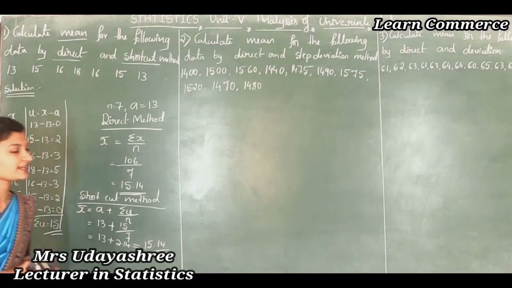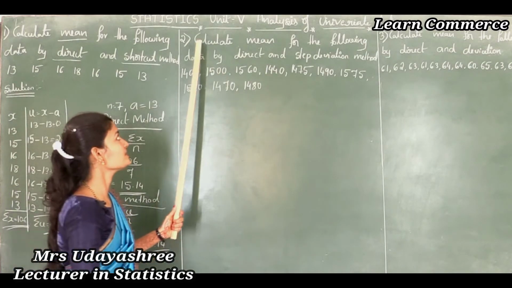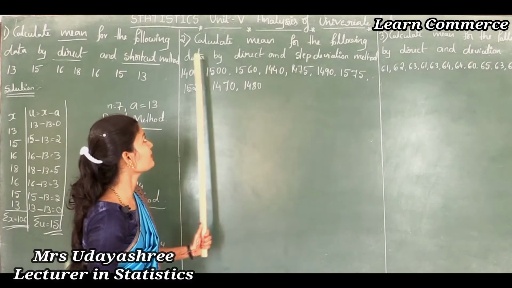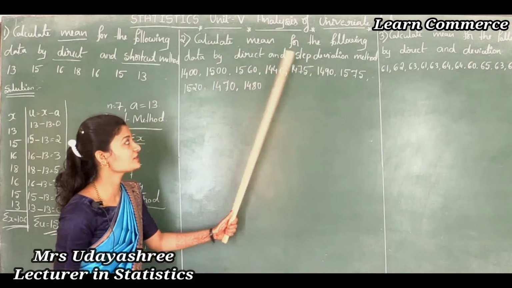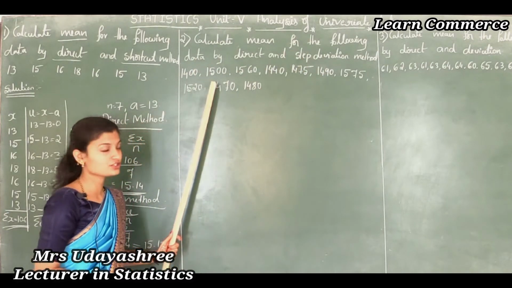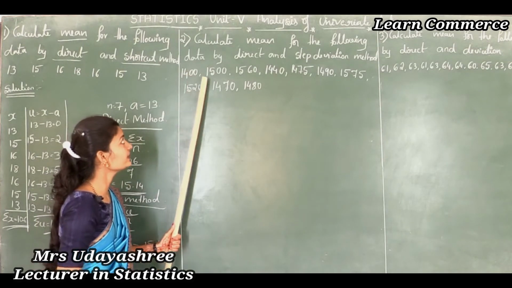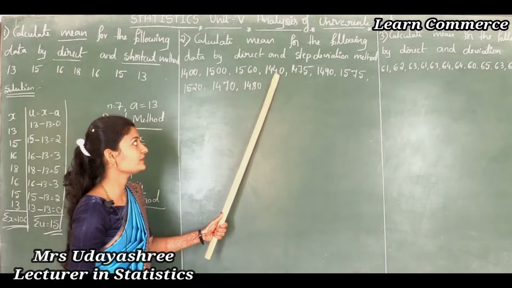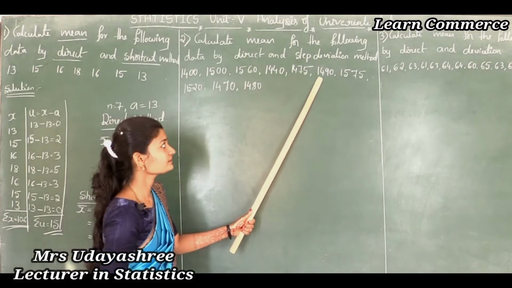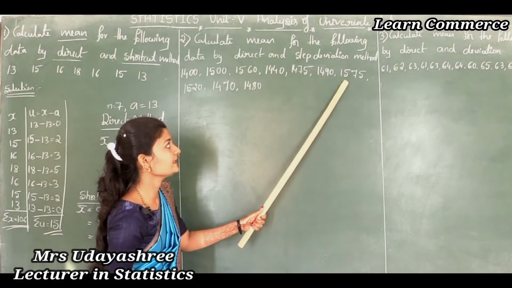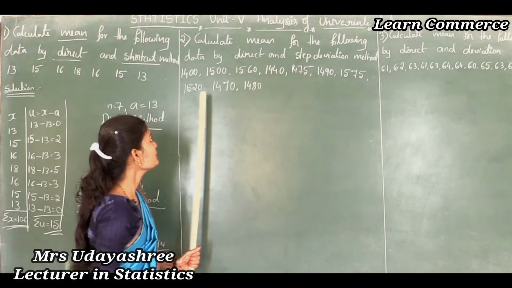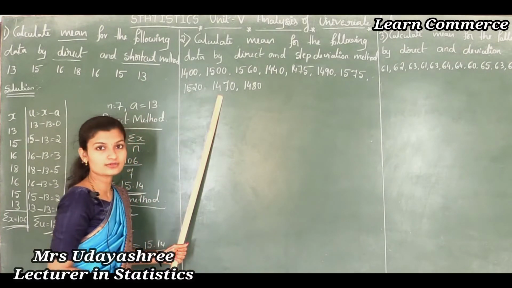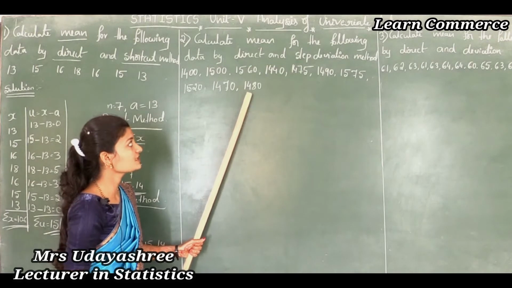Okay, next move to the second problem. Your second problem is: calculate the mean for the following data by direct and step deviation method. The given observations are 1400, 1500, 1560, 1440, 1475, 1490, 1575, 1520, 1570 and 1480.